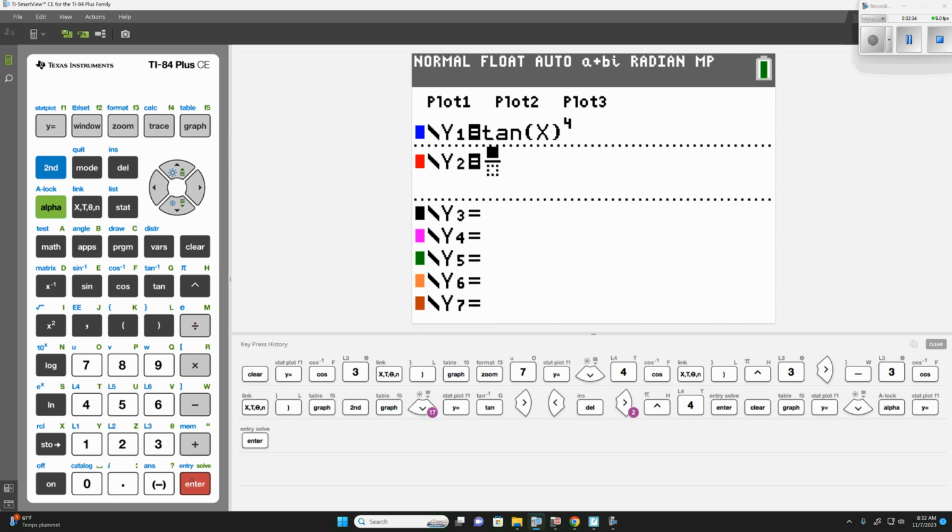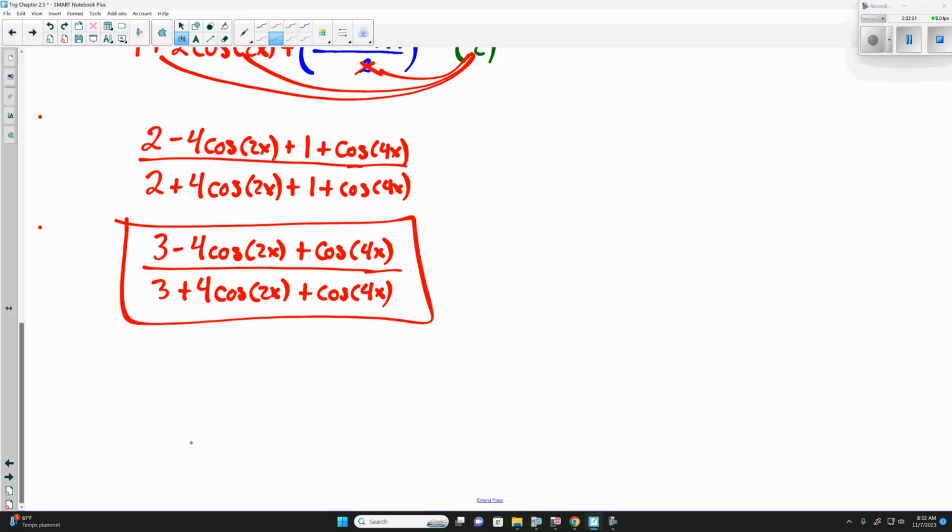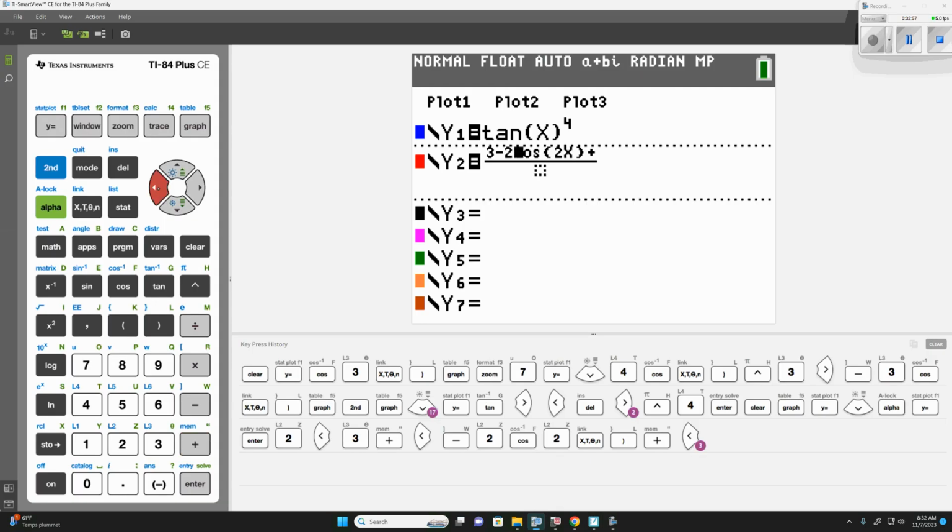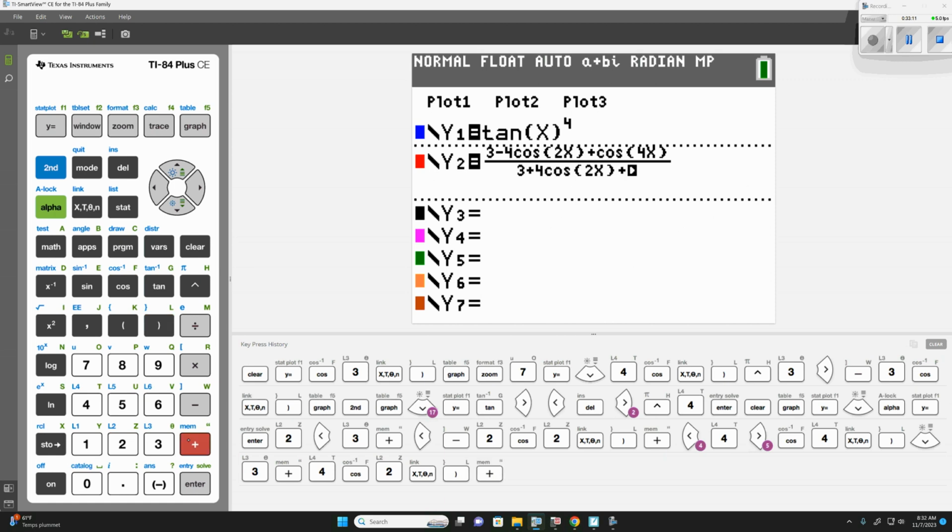Alpha y equals, enter, 3 minus 4 cosine of 2x plus cosine of 4x, all over 3 plus 4 cosine of 2x plus cosine of 4x.